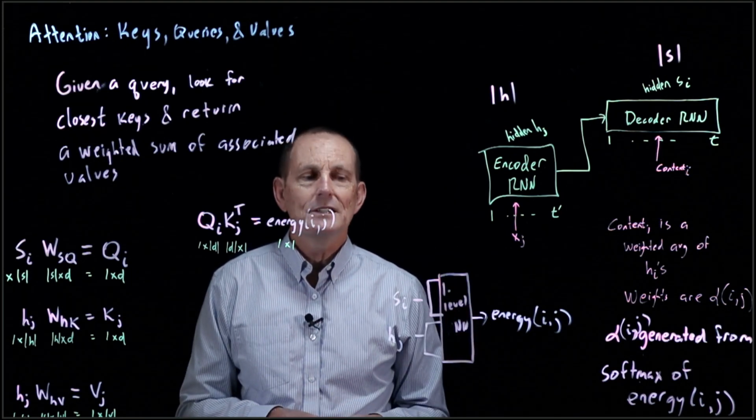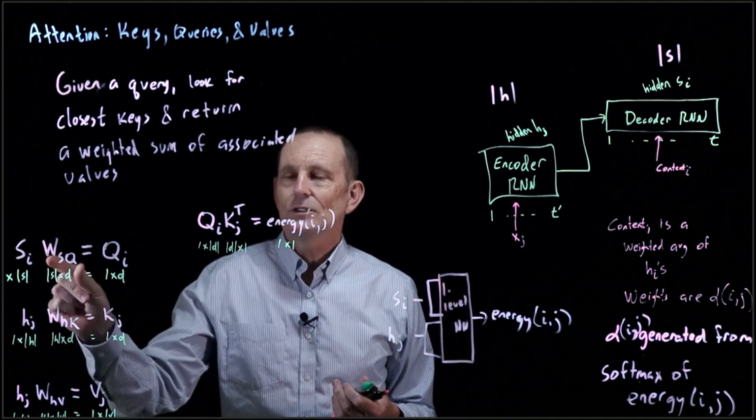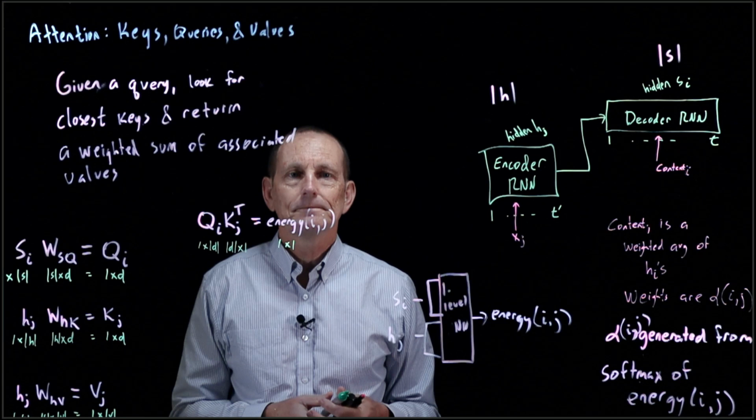The difference is what would be learned here. Instead of learning the weights of this neural network, we're learning the weights of these two weight matrices. This multiplication of Q_i and K_j transpose is just calculating the dot product of Q_i and K_j. That's a good measure of how similar Q_i and K_j are. So the more similar they are, the higher that dot product is going to be.